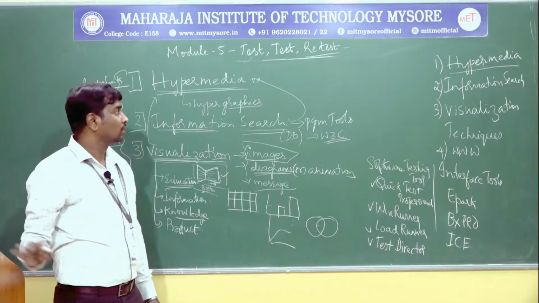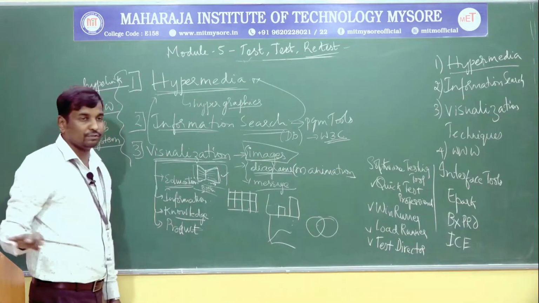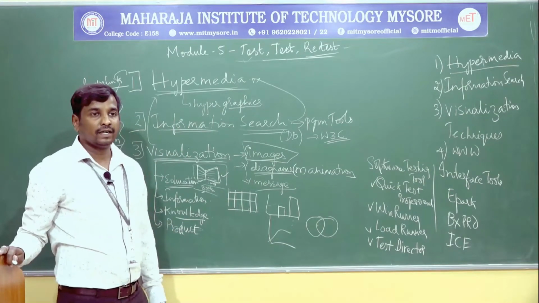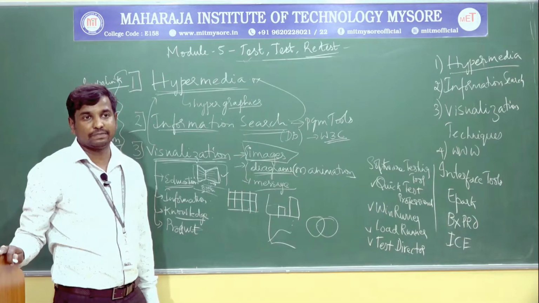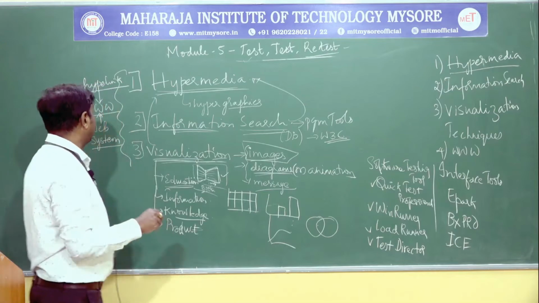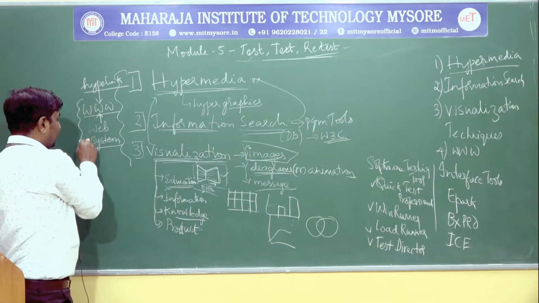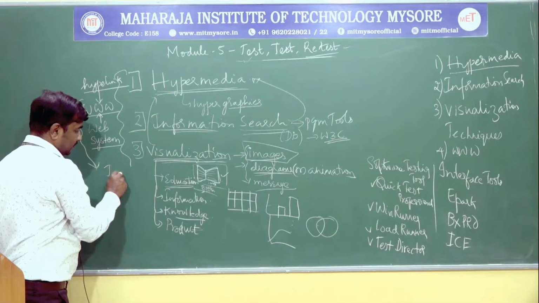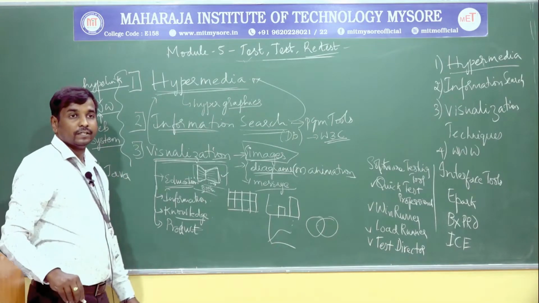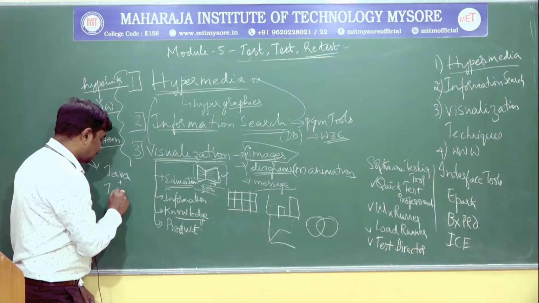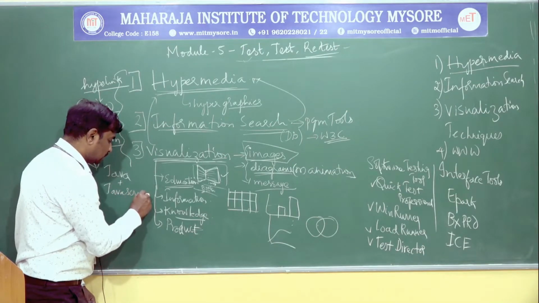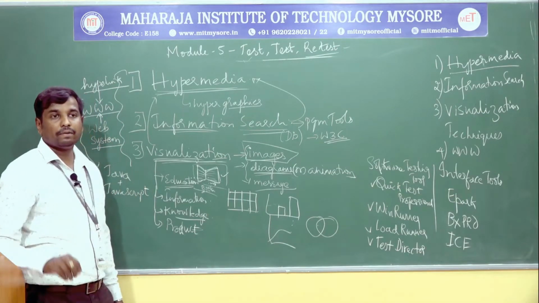All these operations which we are doing in the interfaces need to follow some standard guidelines developed by the World Wide Web. The World Wide Web is developed with different languages, something like Java and JavaScript. It uses JavaScript for developing web pages.